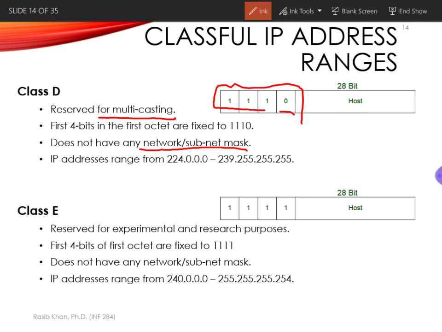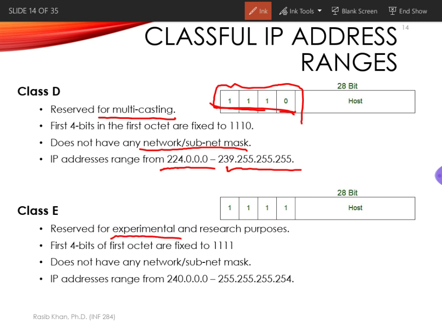And if you try to generate the IP address range, it starts from 224 minimum value, and it stretches up to 239.255.255.255.